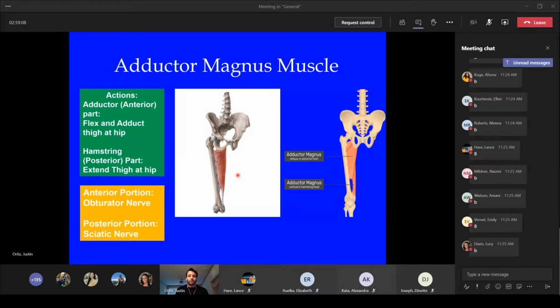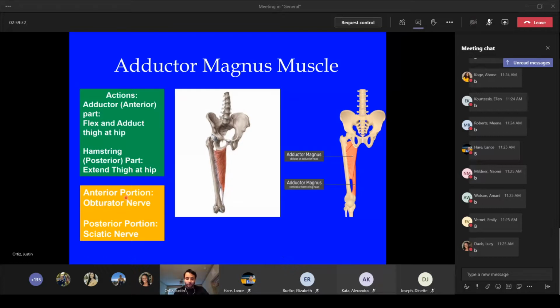So pulling the femur backwards is causing the extension of the thigh at the hip, right? You see how it has two different parts to it, because this part right here, which attaches to the linea aspera, is just focused on bringing the femur back to midline. While this part right here, which is more so associated with the adductor tubercle, is going to be pulling the femur back in a way that it's extending the thigh.